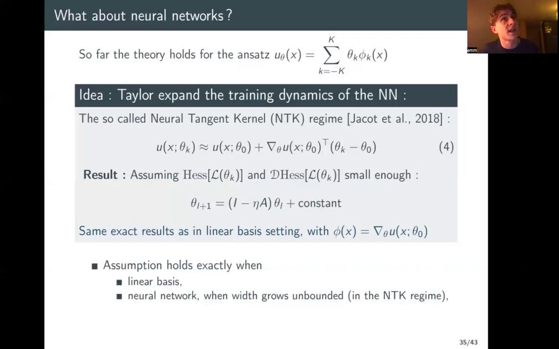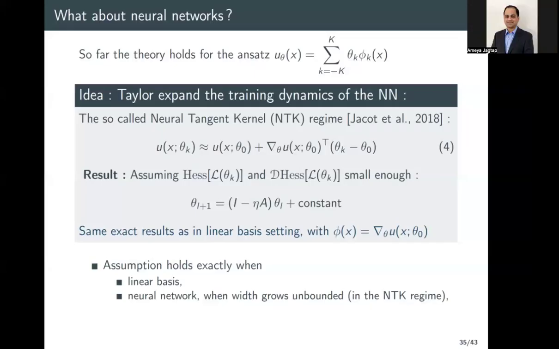What's nice about this NTK regime is that we can bring it exactly back to something here. Essentially we can link our neural network to a kernel method.